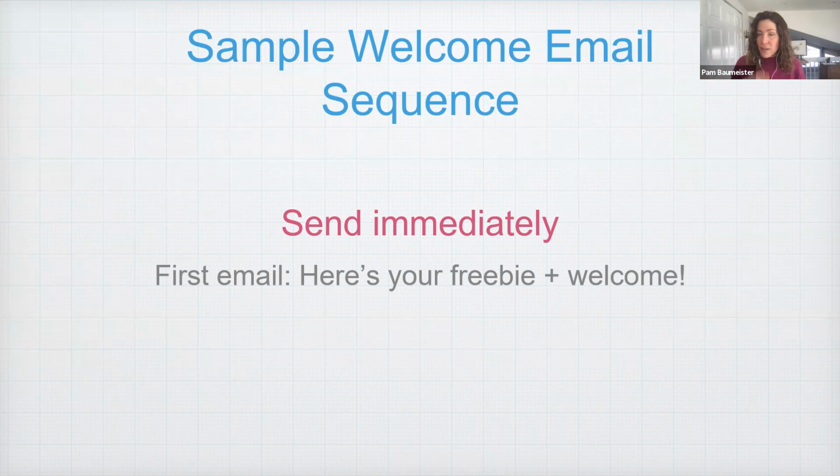That little email you send immediately is a little nudge, like, hey, thanks for signing up, and welcome, and here's the thing that I told you I would offer you. Like if it's a discount code for your site, or a free shipping code, or whatever it is, that's what this first email is. It's a little welcome and a reminder of what I'm giving you.